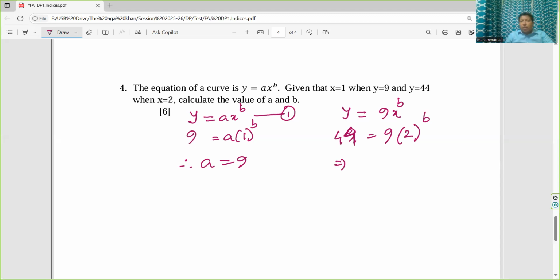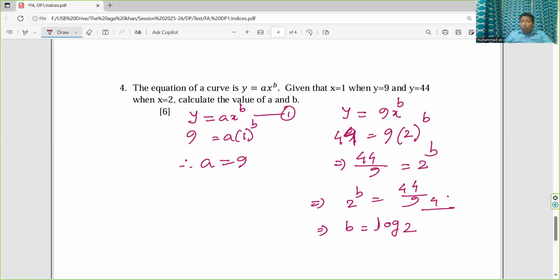So if 9 comes to the left side, it will be 44 divided by 9 equals 2 to the power b. So we know that for an index number, if you want to find the result, you have to convert it to log. So 2 to the power b equals 44 divided by 9. So b equals log base 2 of 44 divided by 9.